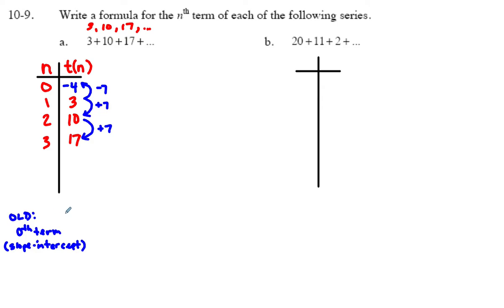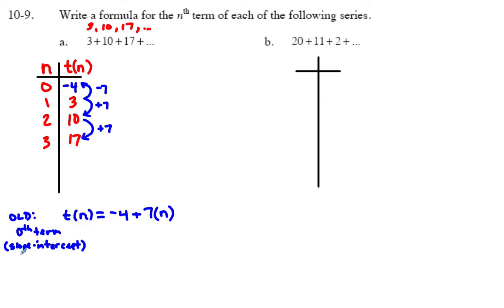So our old one here, we'd be looking at t of n equals, and then remember we do the zeroth term, which in this case was -4, plus our common difference. Our common difference here is +7. And then we'd multiply that times our term number. So t of n would equal -4 plus 7n. That is one way of doing it there.